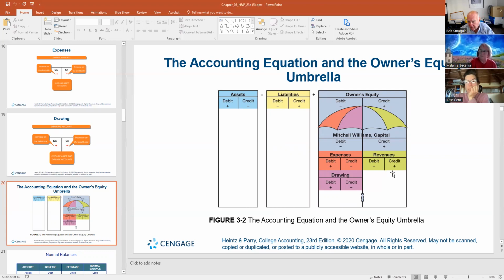You have the revenues, which go up with the credit and which increase the equity. You have the expenses, which have a debit balance and thus decrease the equity. And the drawings have a debit balance, and of course, they also reduce the equity. Okay? These are your six rules here.